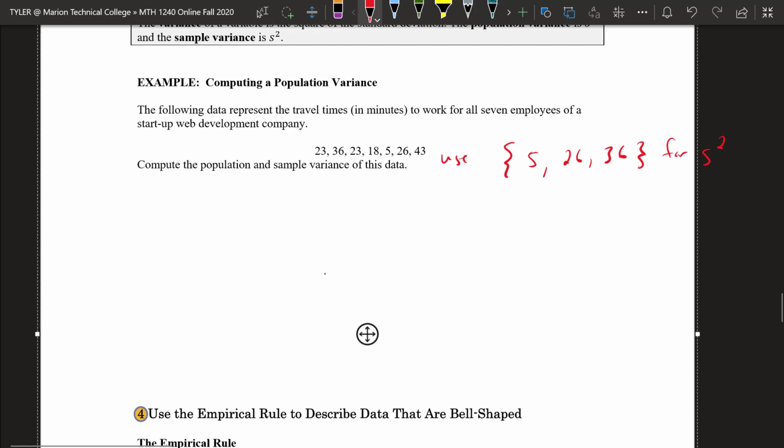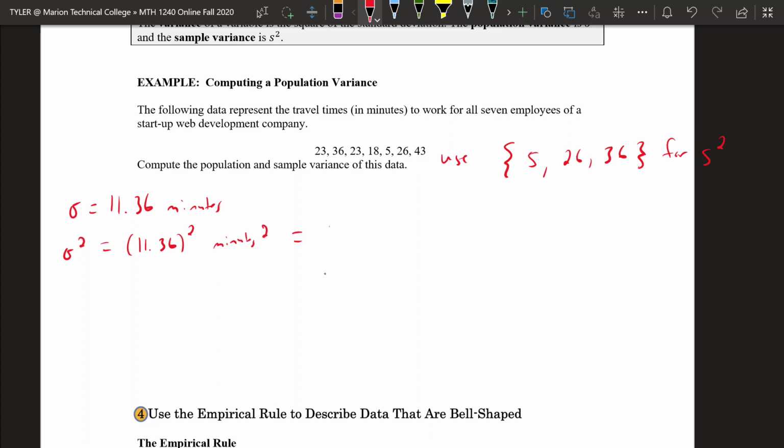So if we look at the population, we found sigma to be 11.36 minutes, roughly. So sigma squared, which is the variance, would be equal to 11.36 squared, and the units would be minutes squared. So this gets me to 129.0496 minutes squared.